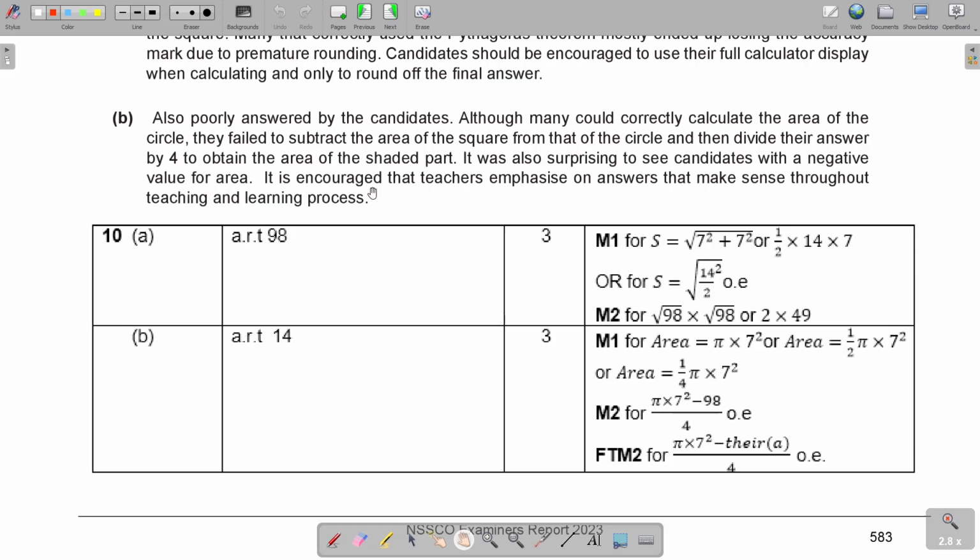It is encouraged that teachers emphasize answers making sense throughout the teaching and learning process. It means if you get a negative area, that cannot be, so you must know you made a mistake. Okay, so it was 14 or 14.0 and it was due to the approximation. So for the circle you would have got 1 mark, then subtracting and dividing by 4, the other mark, and then the final answer.